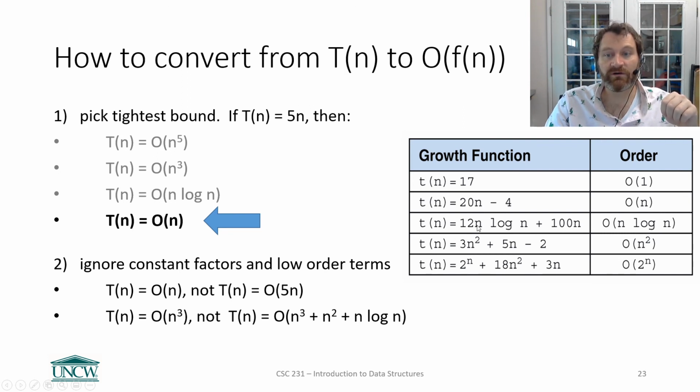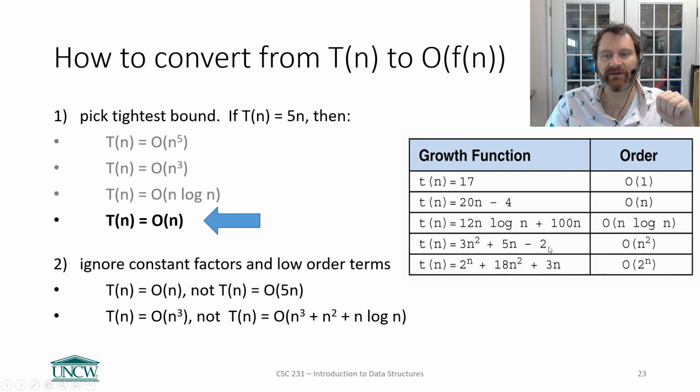T of n is 12n log n plus n. We haven't seen n log n, but we'll see some algorithms later that are. N times something is going to be bigger than just n in general. So we ditch the constant factors and zero in on the bigger term.